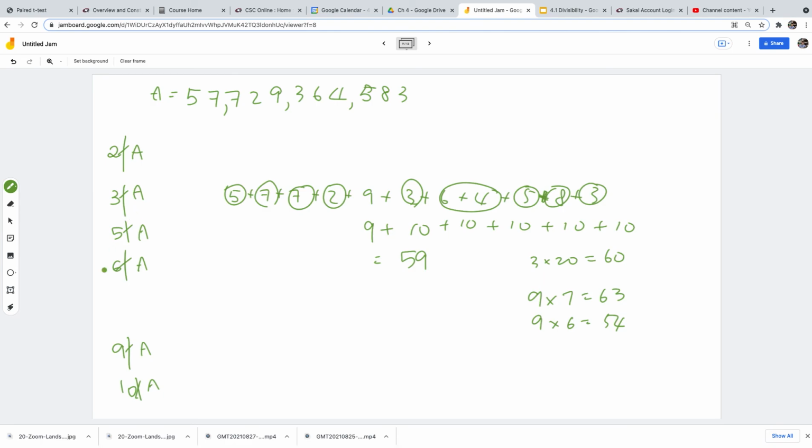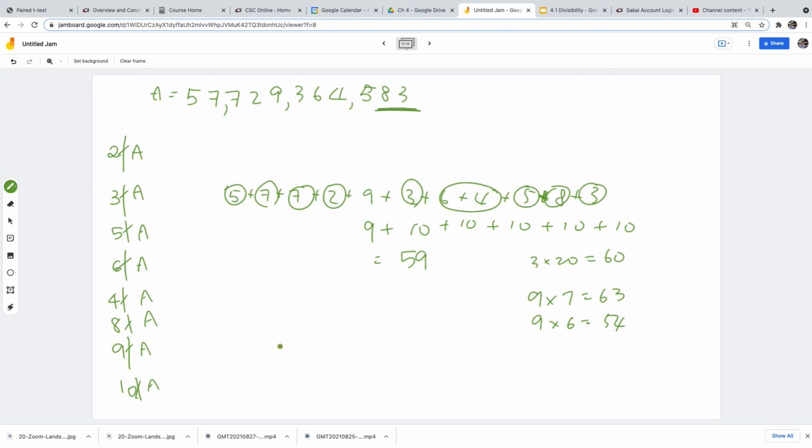So we need to look at 2 digits, right? 83. Is it divisible by 4? No, it's not. Well, if it's not divisible by 2, it's automatically not divisible by 4 or 8, right? Okay, so I think we are done.